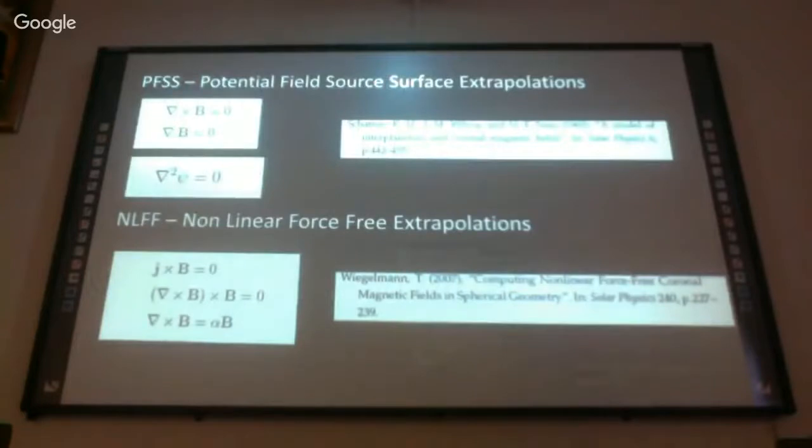Right, so there are several ways you can model the coronal magnetic field. One easy way is you have the magnetic structures on the photosphere, that is the surface of the sun, and you extrapolate that to find out the magnetic structures in the corona. It's like, suppose you place two magnets, you know the field lines that will result from the magnets, right? So it's something like that. It's a potential field source surface extrapolation.